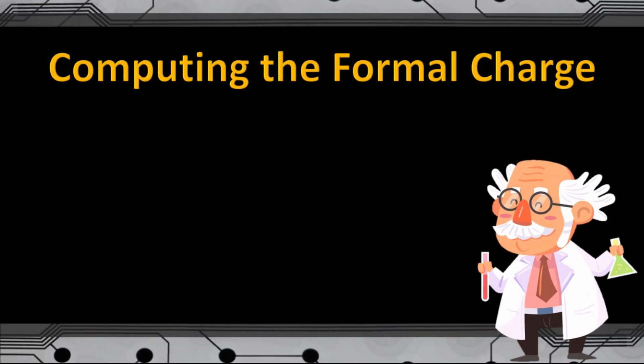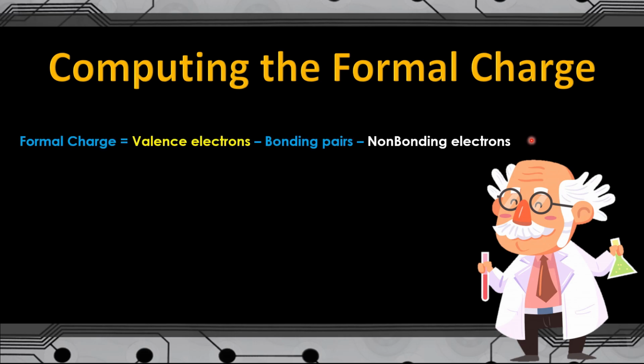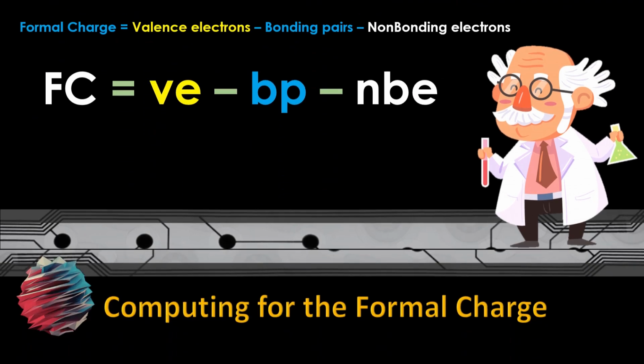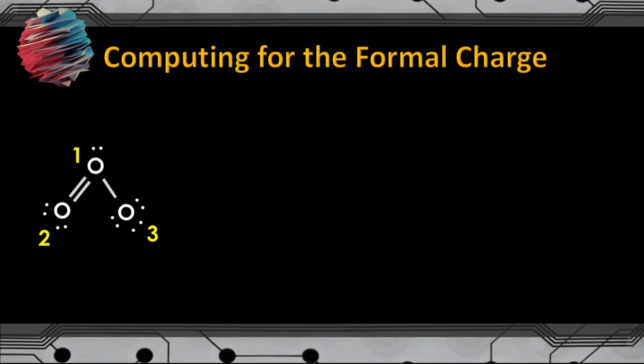How do we compute the formal charge? Formal charge is equal to the valence electrons minus the bonding pairs minus the non-bonding electrons. This is represented by FC equals VE minus BP minus NBE. Let's have an example.